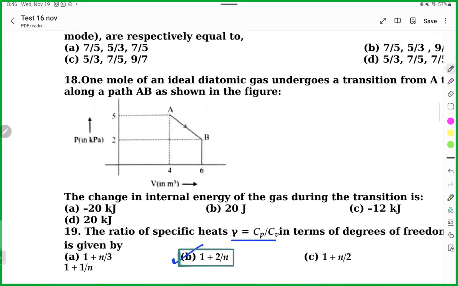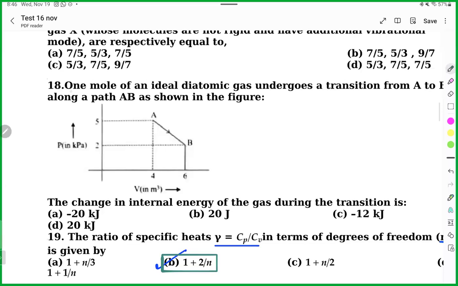Here, in question number 18, 1 mole of diatomic gas transitions from A to B. The number of moles is 1 and the degree of freedom is 5. What will be the value, Sania, from A to B? Change in internal energy. F by 2 into nRT. Correct? And nRT is equal to PV.